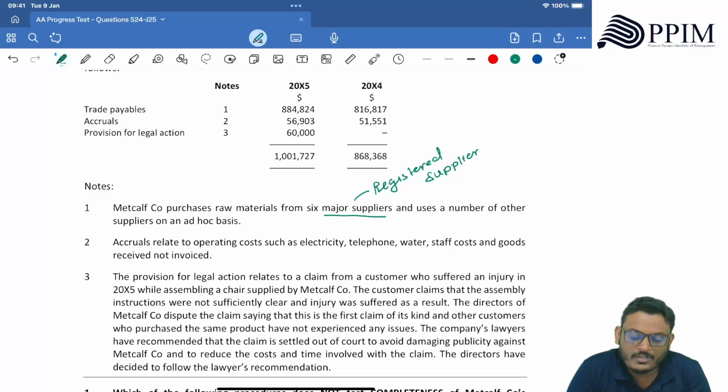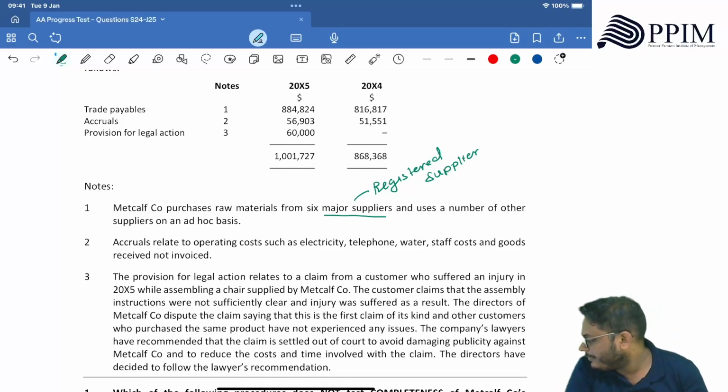The company's lawyers have recommended that the claim be settled out of court to avoid damaging publicity and reducing the cost and time involved with the claim. The directors have decided to follow the lawyers' recommendation.